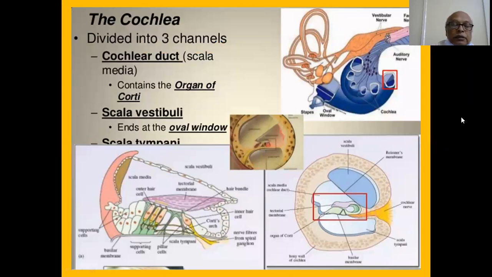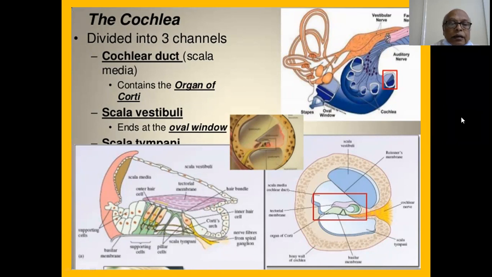The organ of Corti looks like this, with a tectorial membrane and a triangular shaped area having outer hair cells and inner hair cells based on the basilar membrane. The outer hair cells and inner hair cells are very specialized hair cells.